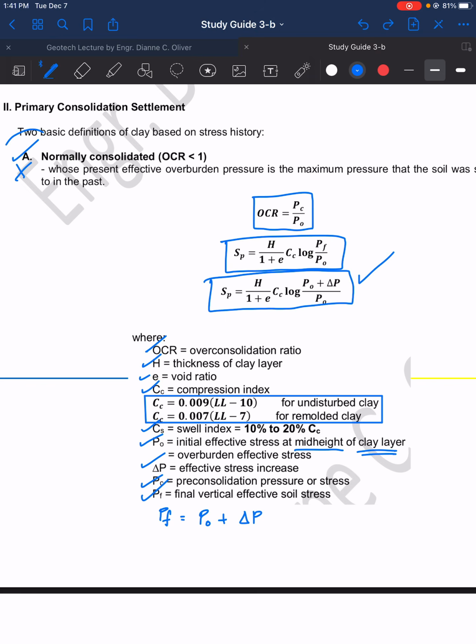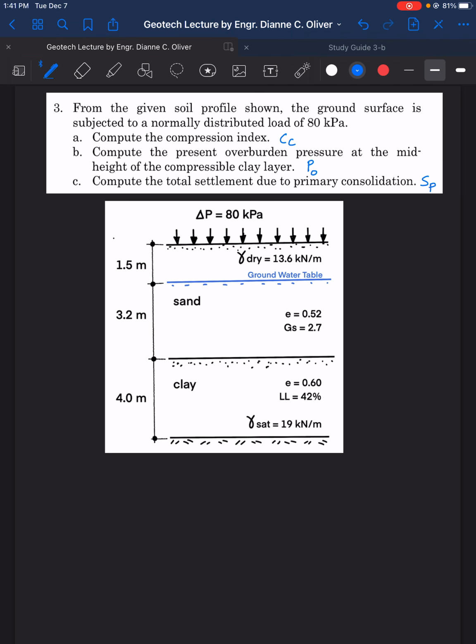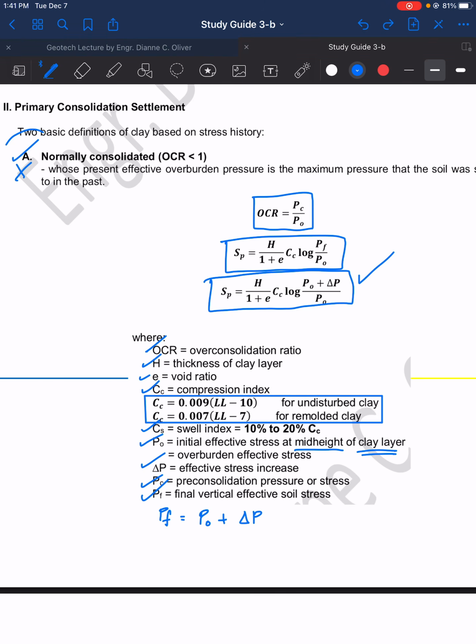The problem did not mention that the clay is remolded. Therefore, we are going to use undisturbed. So if it wasn't mentioned, then use the undisturbed formula, and it's this first one.